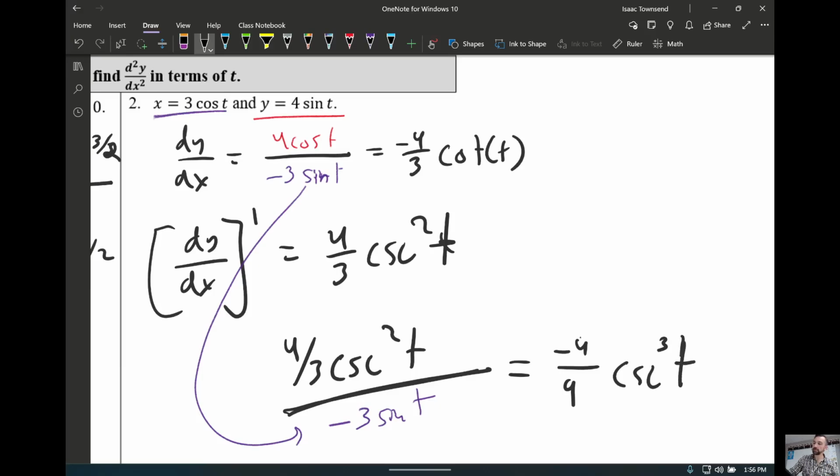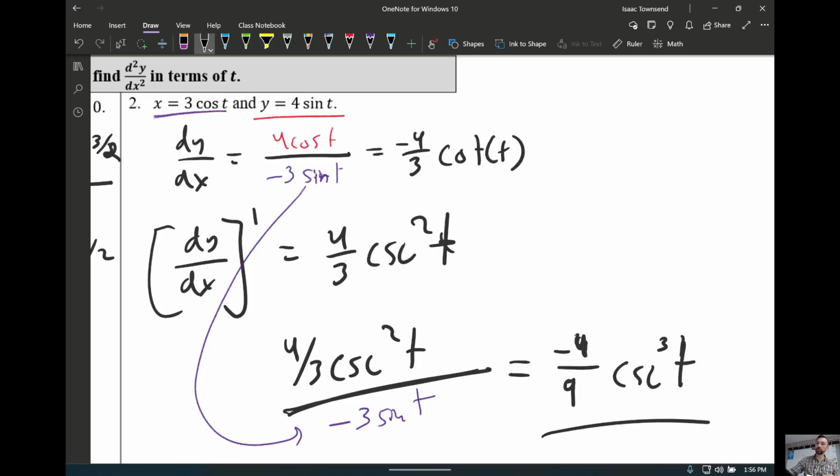Okay. I mean, that looks right, but I thought I double checked my work here, so I guess I should double check it again. I always try to double check my work. But why is it cosecant to the third? Well, this is cosecant squared. Dividing by sine is the same as multiplying by the reciprocal. What's the reciprocal of sine? Cosecant.